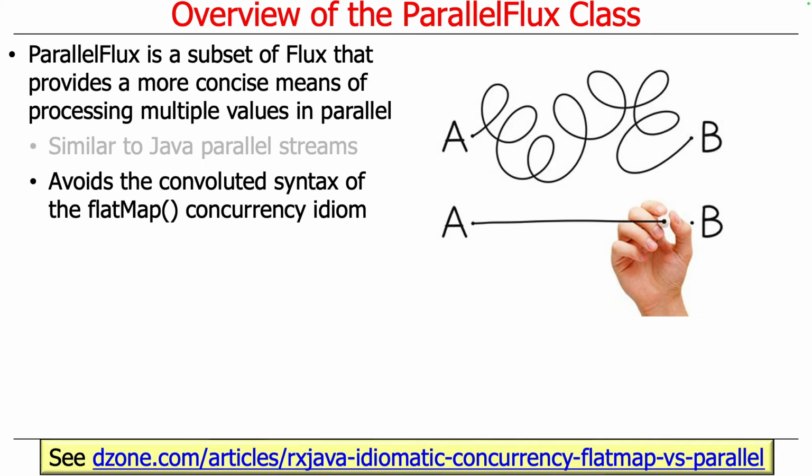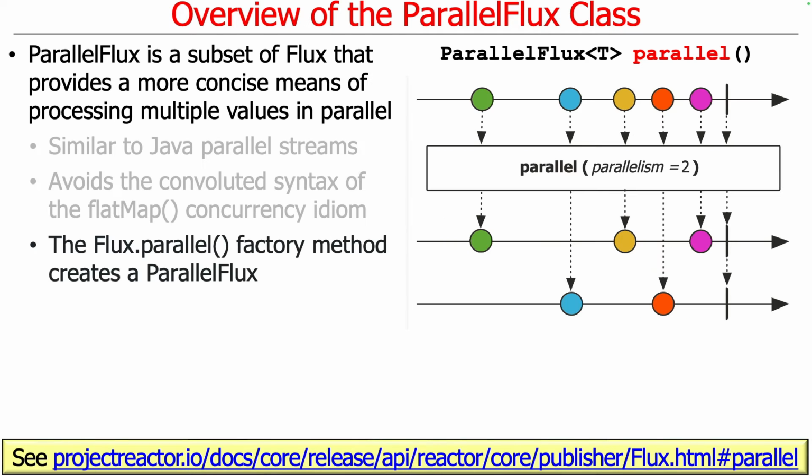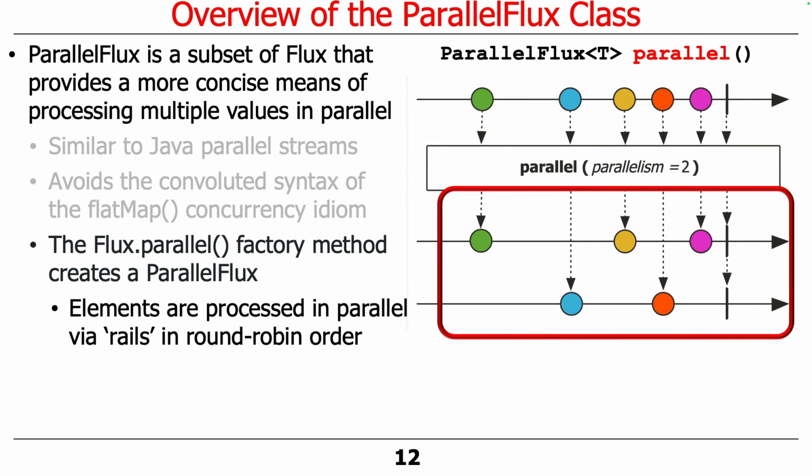The other nice thing about ParallelFlux is it avoids that somewhat convoluted syntax of the flatMap concurrency idiom, so it's more direct. The way you make a flux into a ParallelFlux is by calling the parallel factory method. The way this works is it creates some rails, and the number of rails is dictated by the parameter that you pass in here.